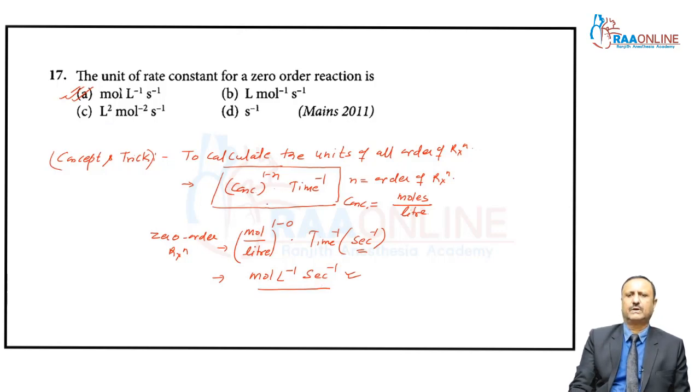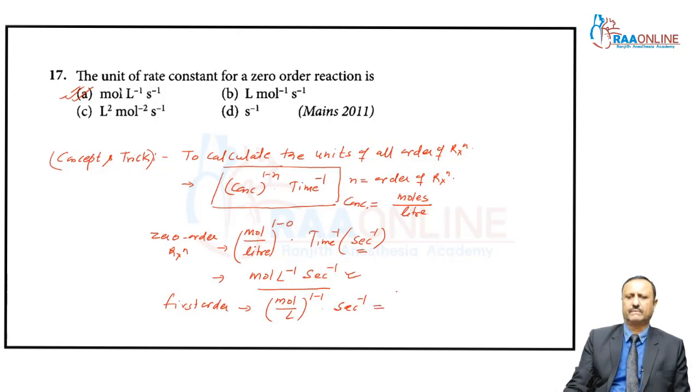And you can calculate the unit for first order reaction. For first order reaction, mole per liter to the power 1 minus 1 and second inverse.